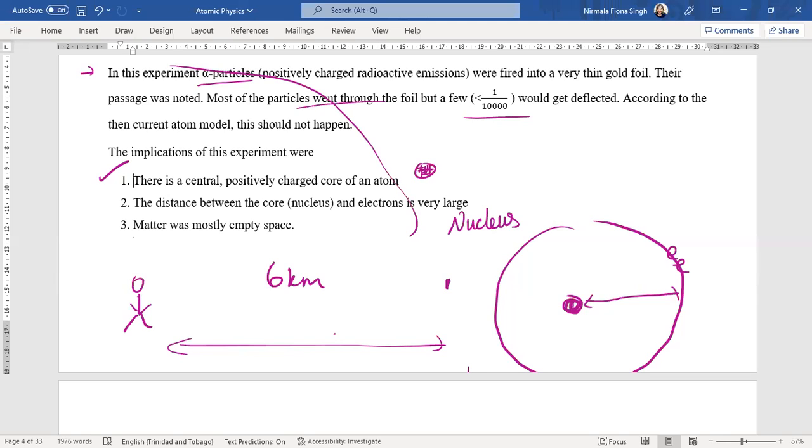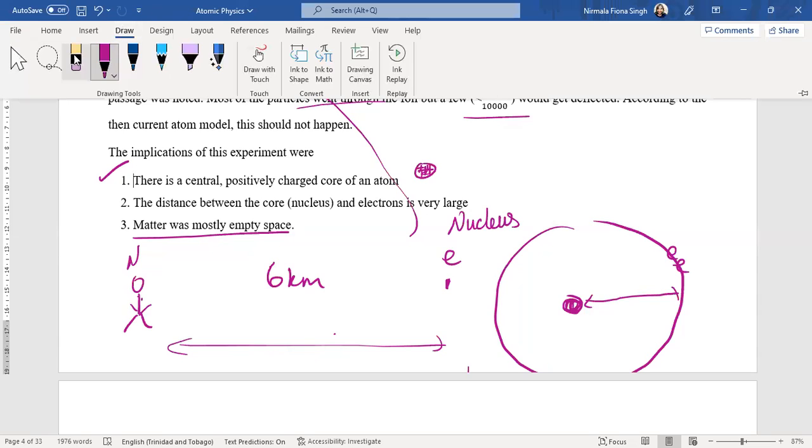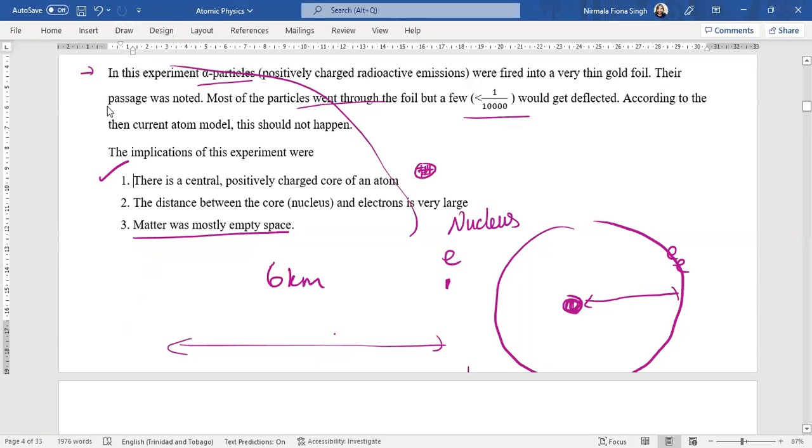So that's basically going to tell us that matter itself is empty space, right? If the distance between you, the nucleus, and your electron is so large and it's full of nothing, that means that everything around us is basically empty space.